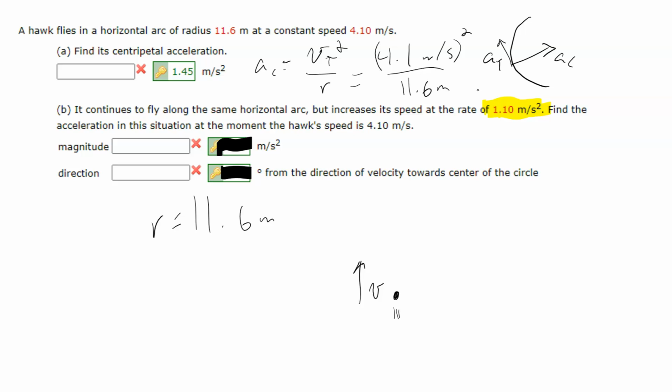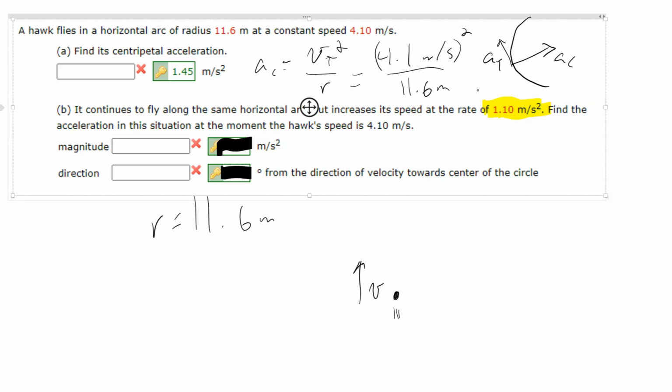And if we have an acceleration vector perpendicular to the direction it's moving, it's going to turn without changing speed. So the centripetal acceleration that we had up above tells us how much it's turning, and this tangential acceleration tells us how much it's speeding up. So we've got two different accelerations in this case.